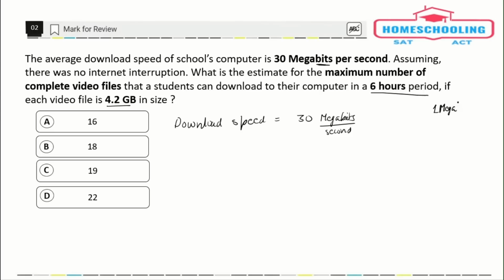As we know, 1 megabyte is equal to 8 megabits. So from this we can say that 1 megabit is equal to 1 by 8 megabyte.